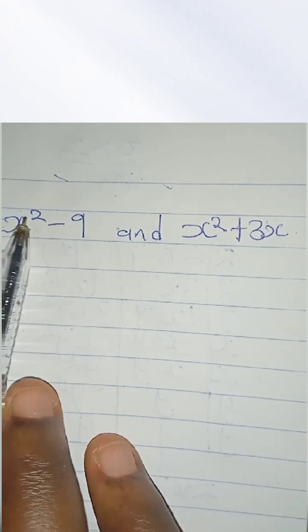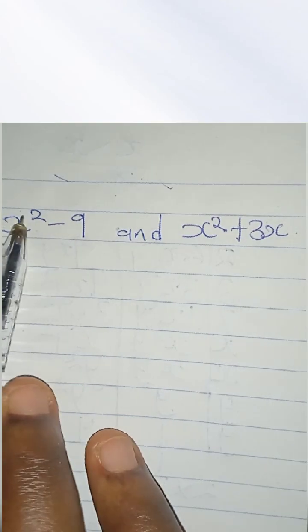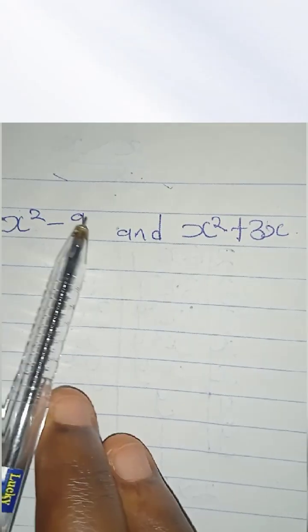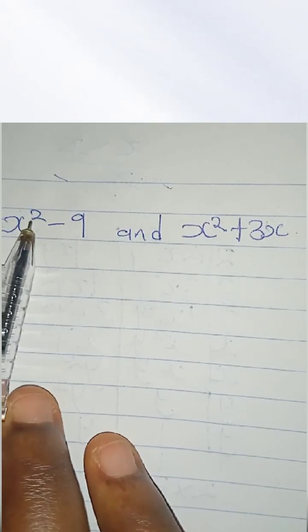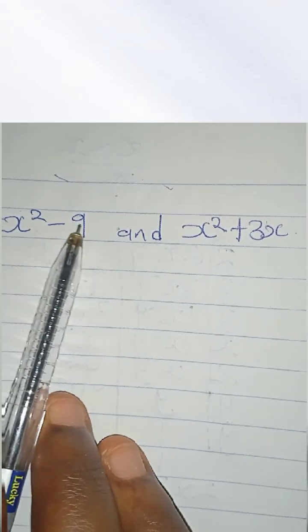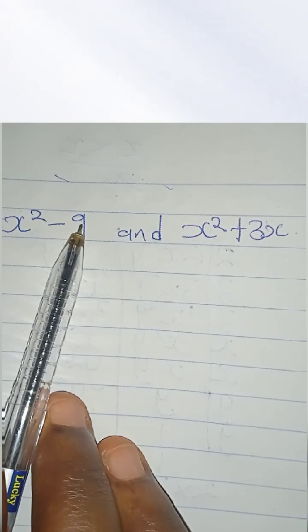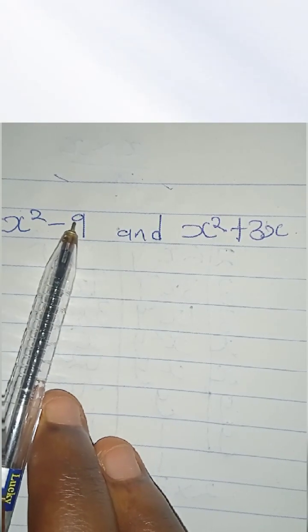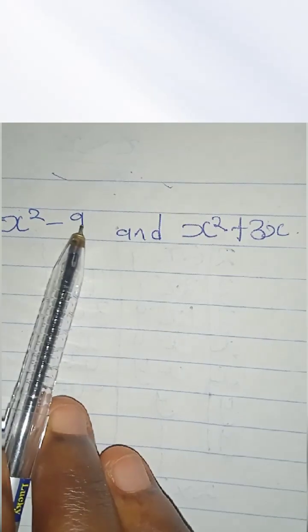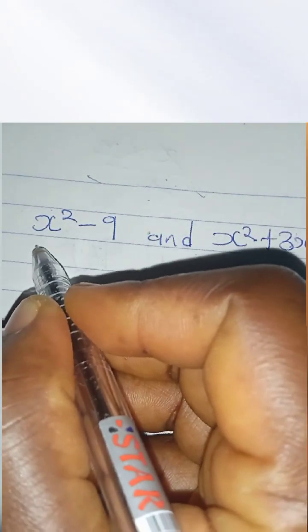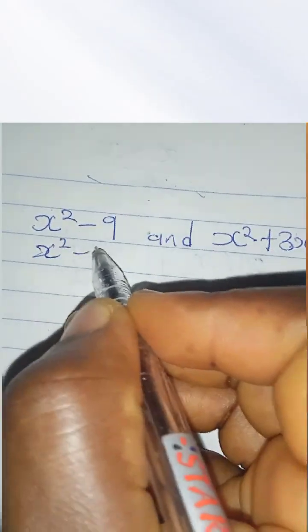Because this one is s squared and this one is 3 squared, we call it difference of two squares.